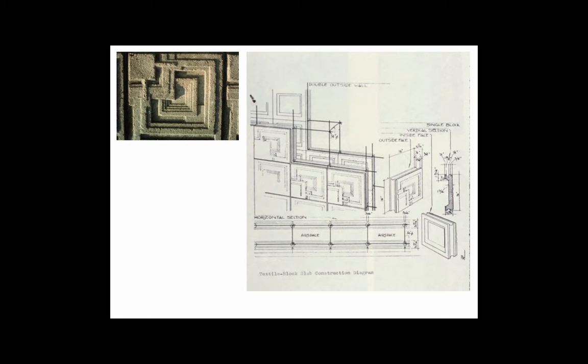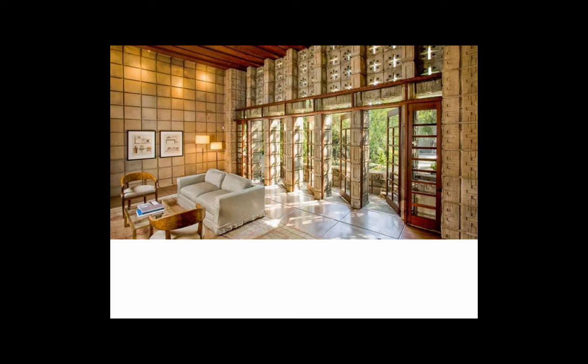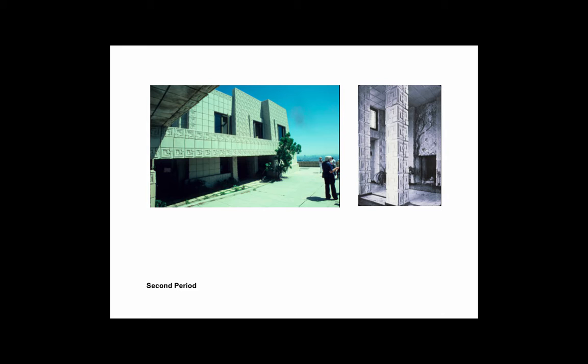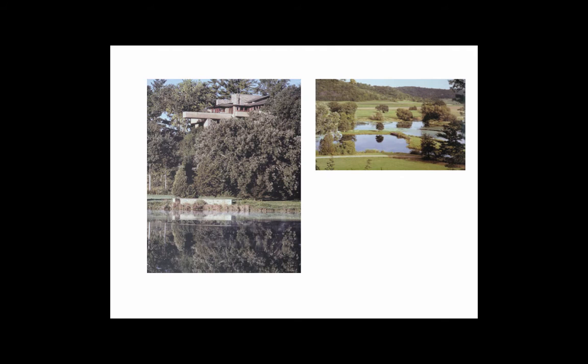So we put two together, you get a circle. We fill that with grout and put a 1/4-inch rebar in there. This is the Ennis House, very famous. We'll talk more about that.